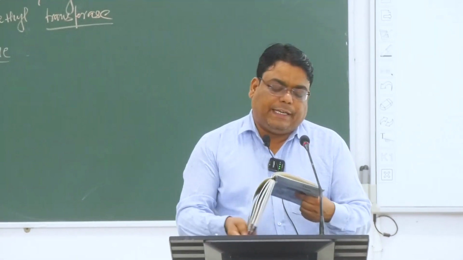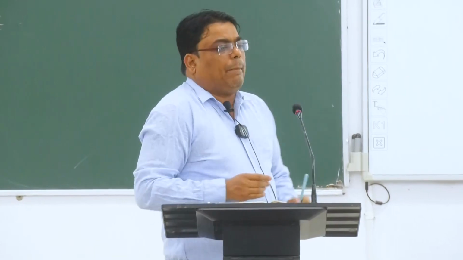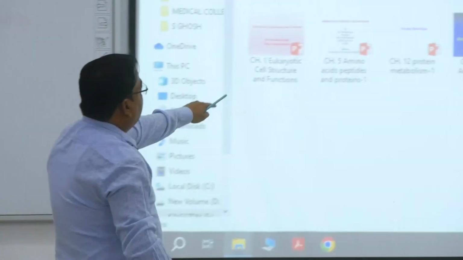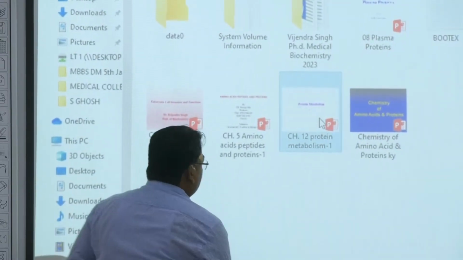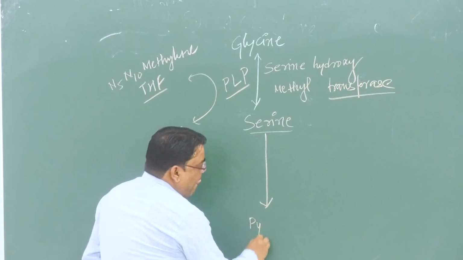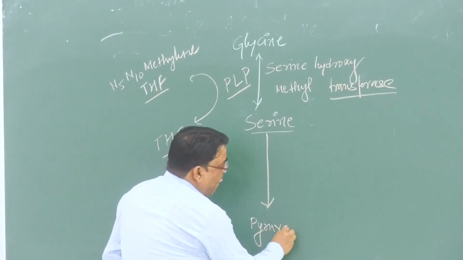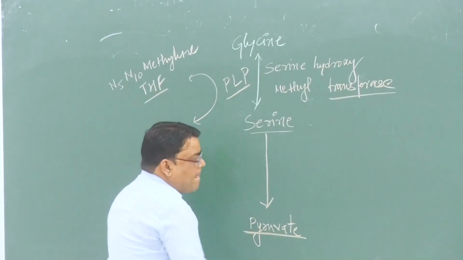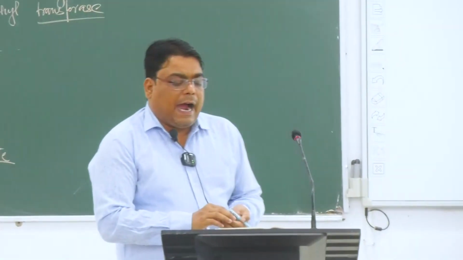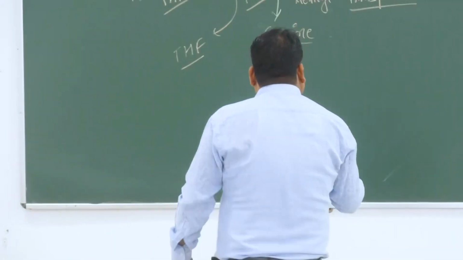After the formation of serine, it is converted into pyruvate with the enzyme serine hydratase.